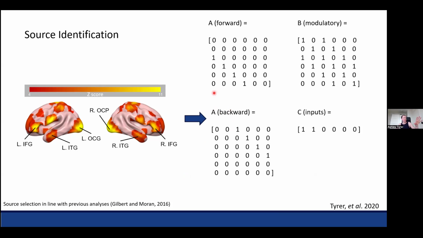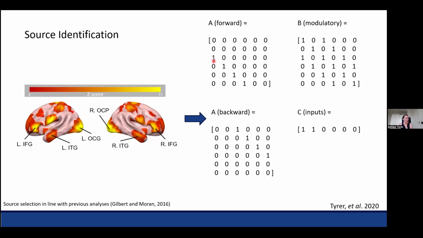So in the A matrices and also the B matrices, the columns, if you can see my laser pointer, indicate the region or the source that the connection is coming from. And then the row indicates the source where the connection is targeting.